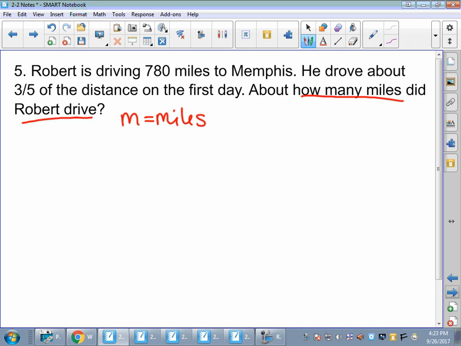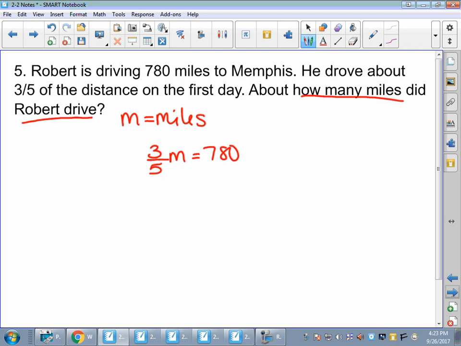And so how many miles did he drive? 3/5 of the miles is equal to 780. So we know that 3/5 of the miles is equal to 780.